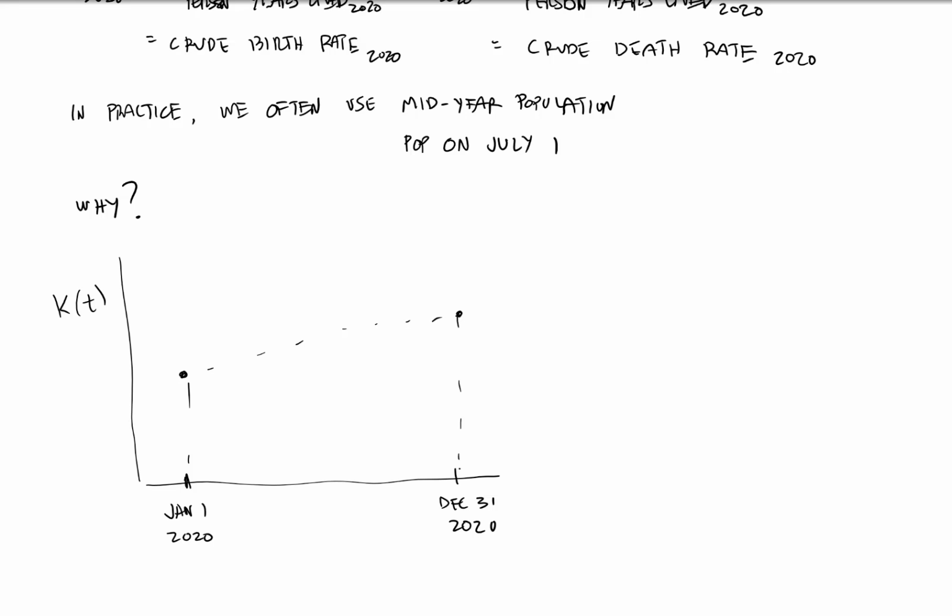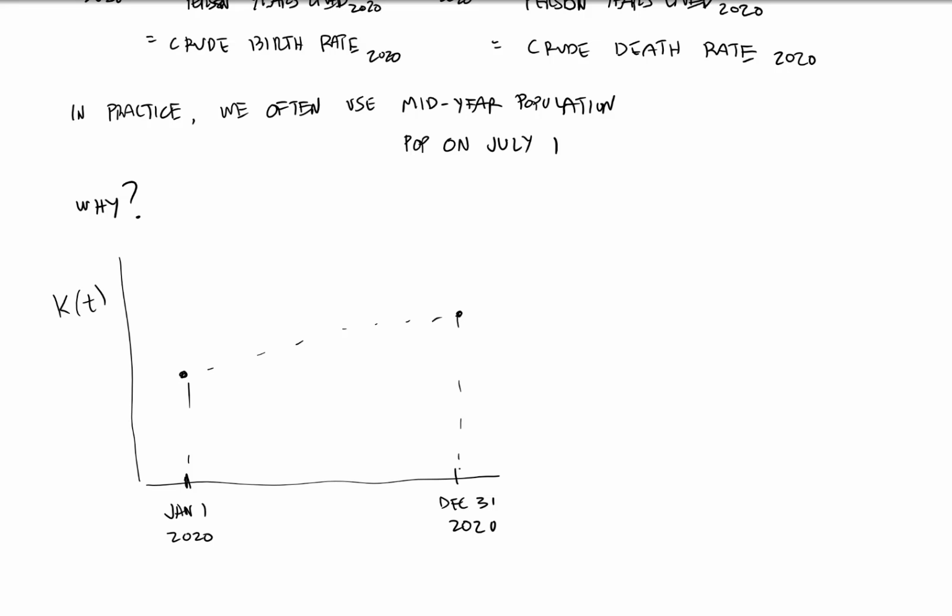If the population has been growing relatively steadily, remember the growth rate is going to turn out to be very close to the birth rate minus the death rate. So if the population is growing, then it looks like this.